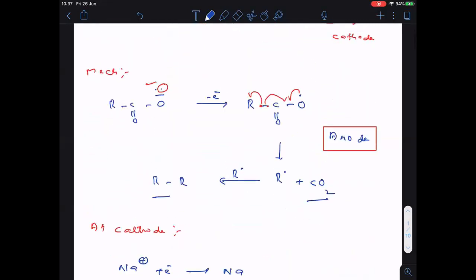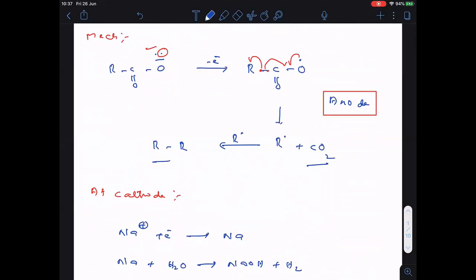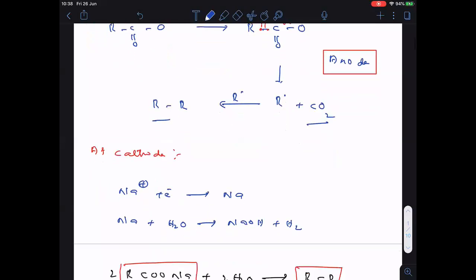This is the mechanism of the Kolbe electrolysis.